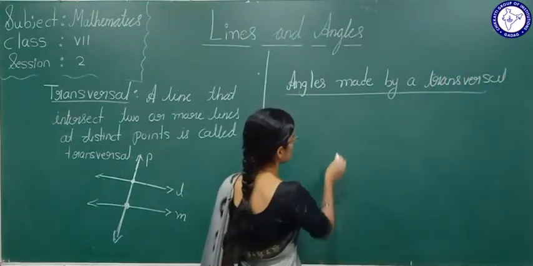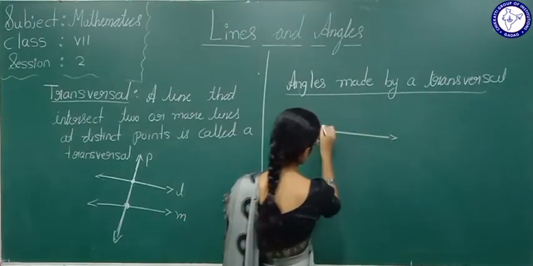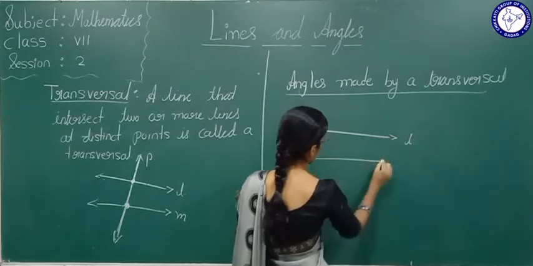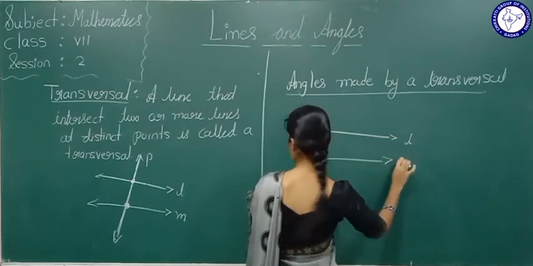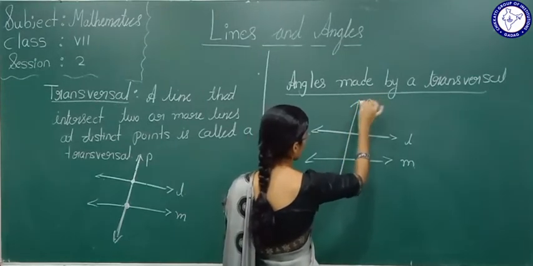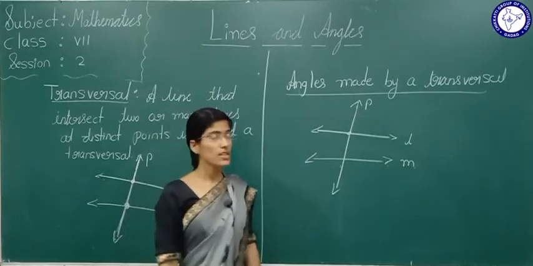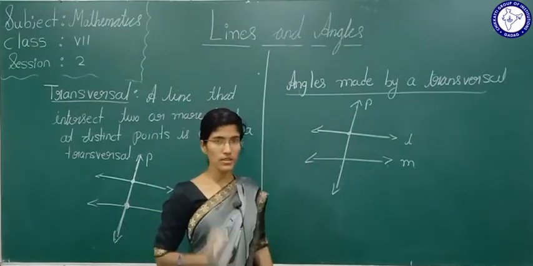Now see here, the same thing I will take here, line L and line M. Here line P is a transversal, yes or no? We come to know the definition. Now what are the angles made by a transversal?